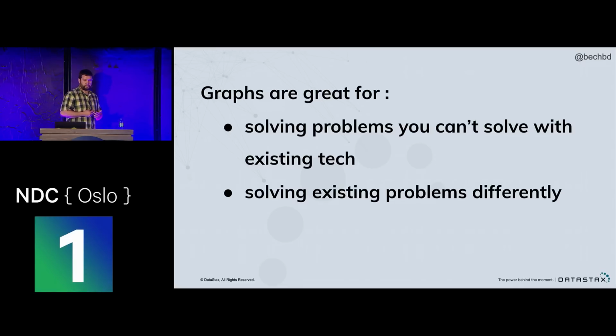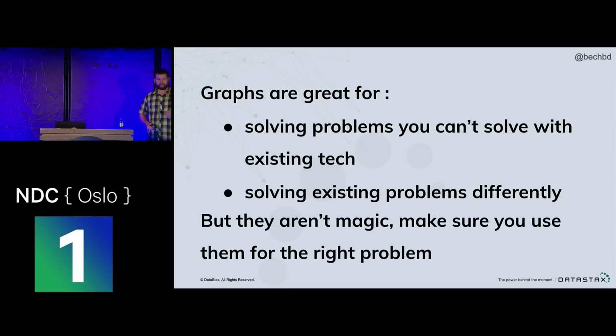This is the whole hierarchy or recursive sort of scenario. But I do leave one last word of warning: they aren't magic. Don't think you can throw data in a graph and all of a sudden everything's going to be perfect. Make sure you have the right problem to fit them. Hopefully this talk's given you a bit of a guide as to what some of the right problems are and some of the things to look for.